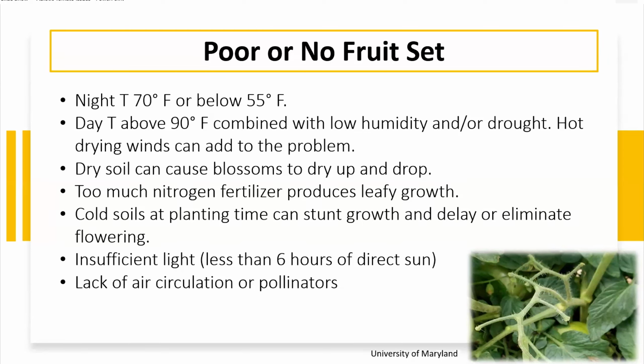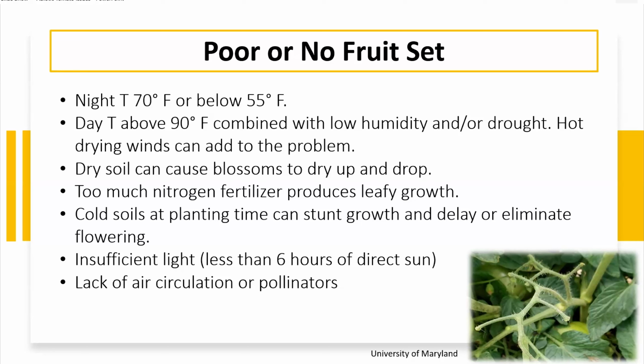Daytime temperatures above 90 degrees combined with low humidity, and or if there's a drought, or if there are hot drying winds that are also occurring with those temperatures. Dry soil can cause blossoms to dry up and actually to fall off. So during the drought season past 2 years, we probably saw some of that.